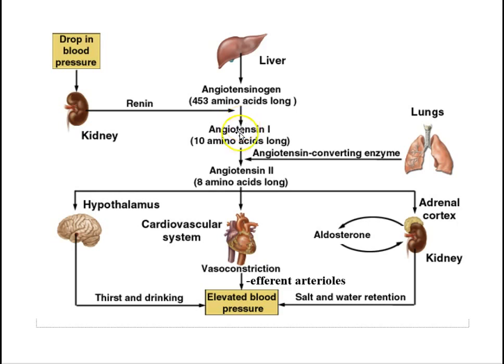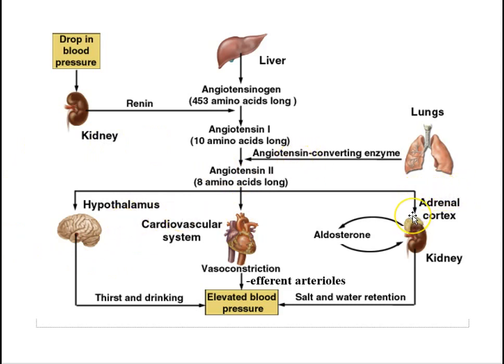This is going to float eventually to the lungs, and in the lungs it's going to get converted by an enzyme called ACE into angiotensin 2, and that's going to have this cascade event with the body. Let's just do the kidney first.